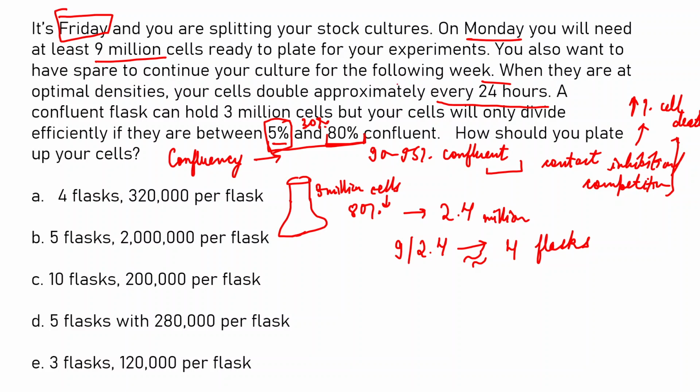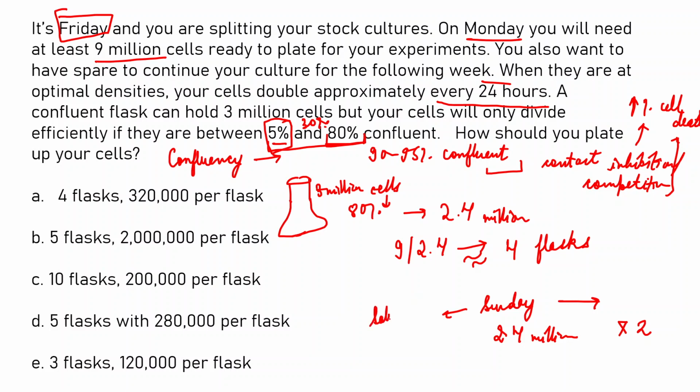If you back calculate, you'll find that if you plate 2.4 million on Sunday, and the doubling time is given as 24 hours, then on Monday you will have double the amount of cells, so multiplied by 2.